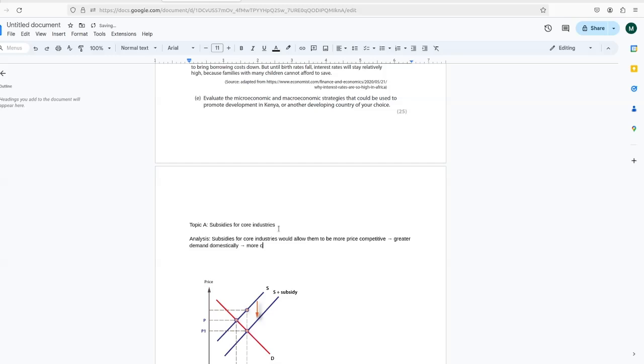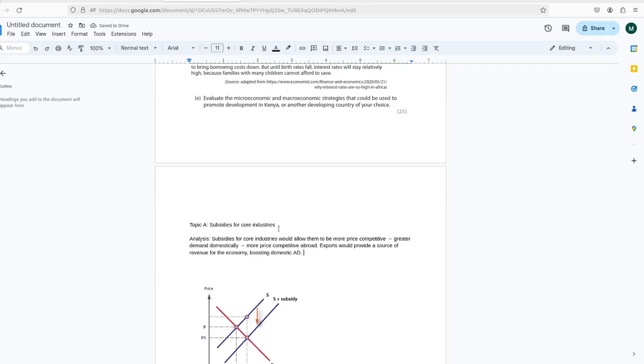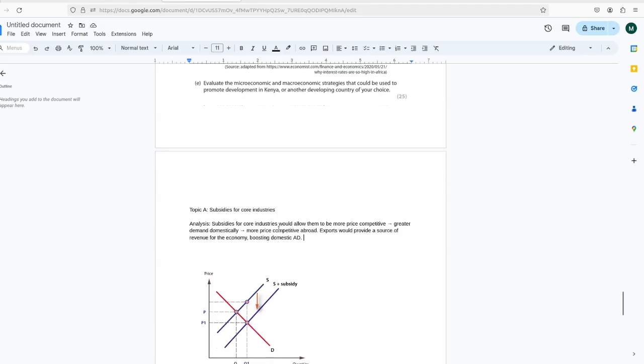And also it's going to permit them to be more price competitive abroad. So maybe we're able to export with these industries, and exports would provide a source of revenue for the economy, boosting domestic AD, right? So I can go a bit into macro here because this is a blended question, but I do want to stay within the micro components.